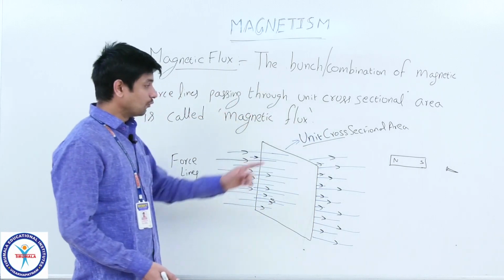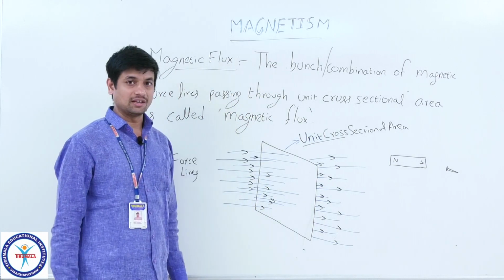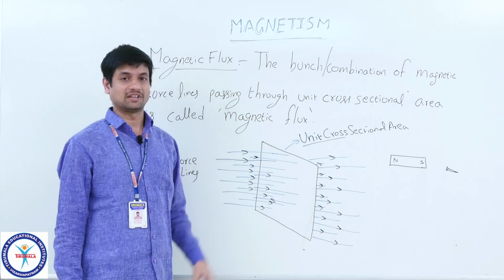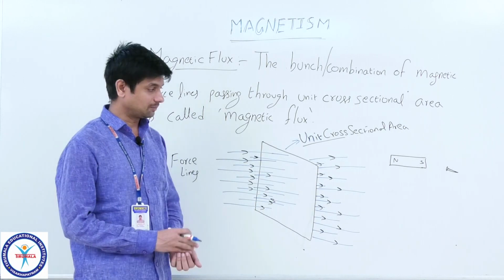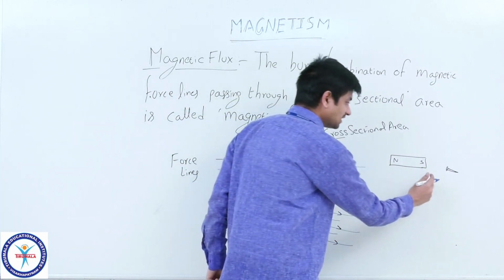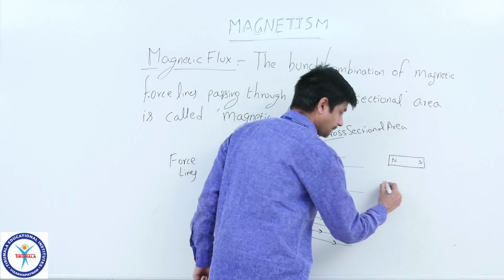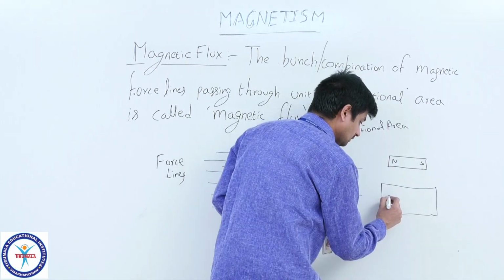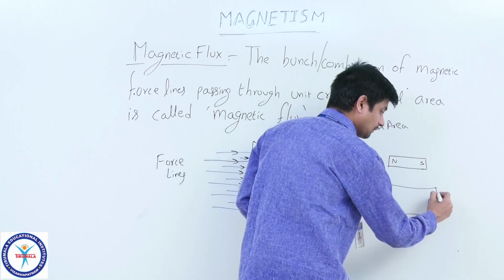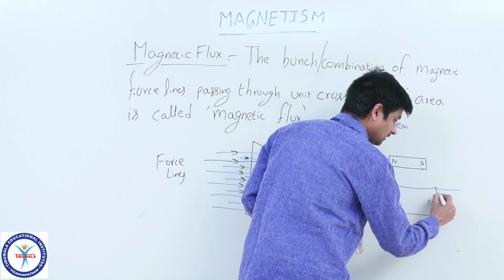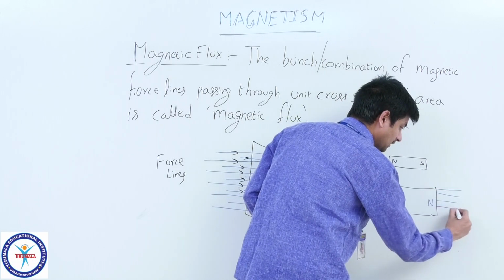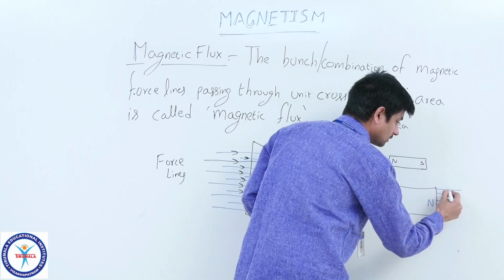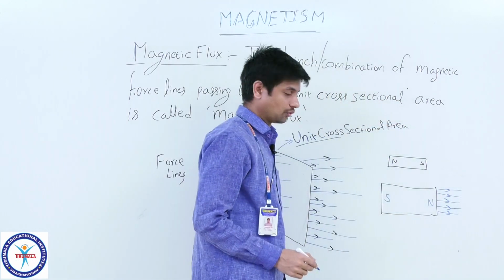So, we require this type of physical quantity: how many lines can pass through that material. See, if this is the bar magnet, consider from this north we are getting 5 lines of force.